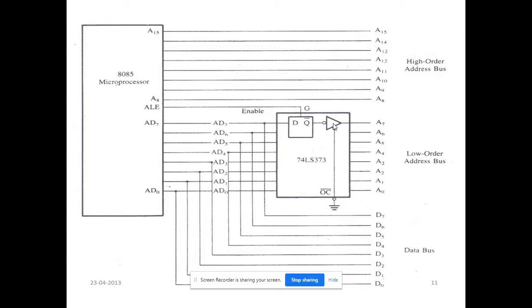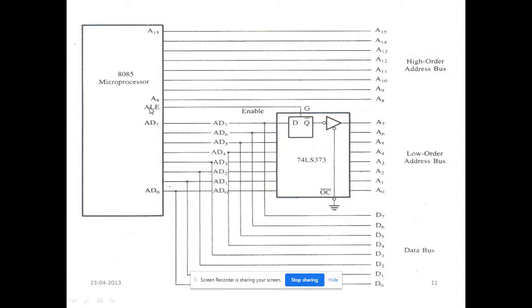Now see this diagram. This is called the latching diagram, or how to demultiplex the address data bus. Here, in the higher order address bus, the address always flows, and in the lower order multiplexed address data bus, when the ALE signal is high, the lower order address flows from this side.